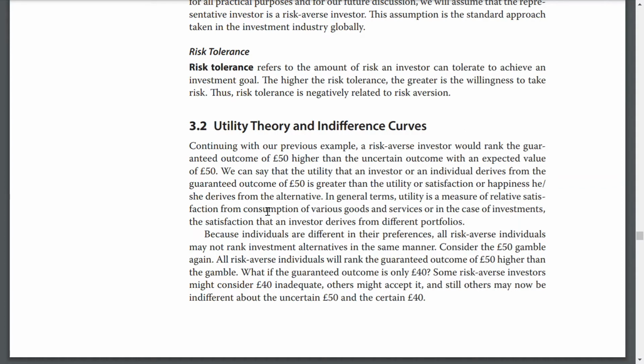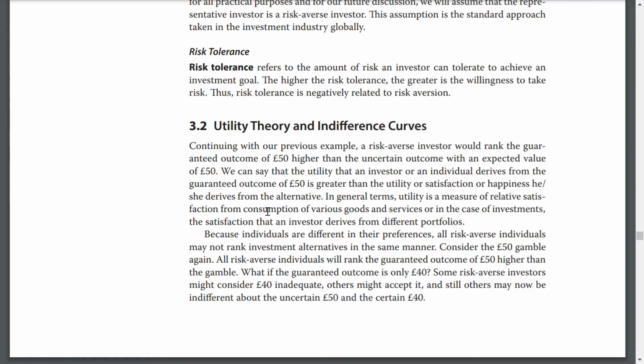In general terms, utility is a measure of relative satisfaction from consumption of various goods and services, or in the case of investments, the satisfaction an investor derives from different portfolios, because individuals are different in their preferences. All risk-averse individuals may not rank investment alternatives in the same manner.